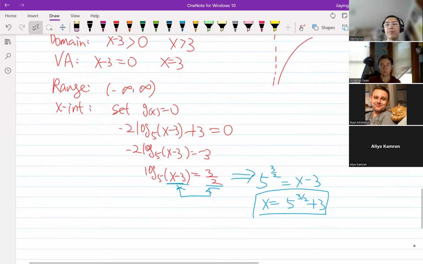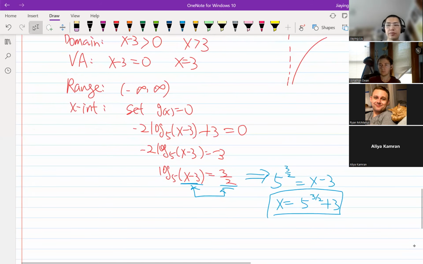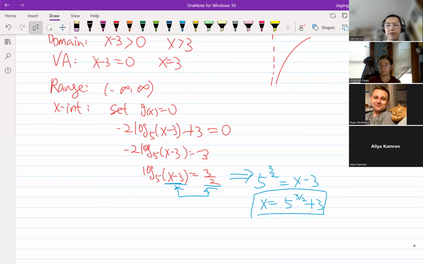So that's one way. You can quickly check that's a valid answer, because if we put the x value in there, x minus 3 is equal to 5 to the 3/2, which is positive. That's a good thing to check.